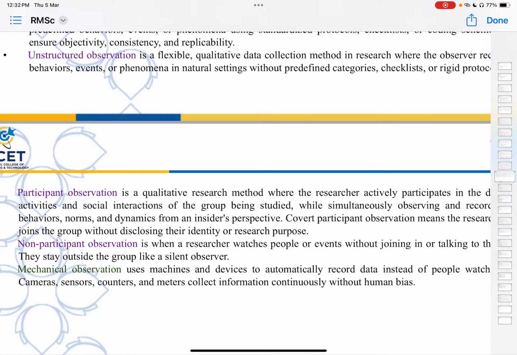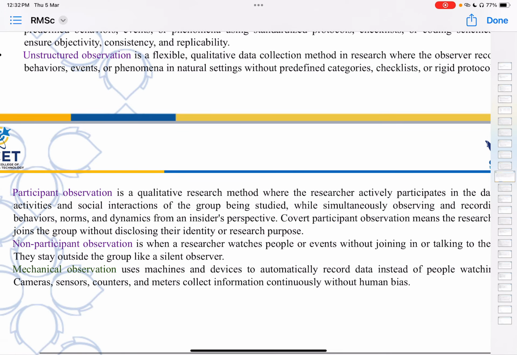And non-participant observation is when a researcher watches people or events without joining in or talking to them. So the other people do not know about the person who is watching or observing. That is called non-participant observation.